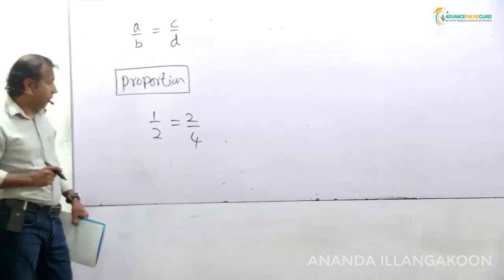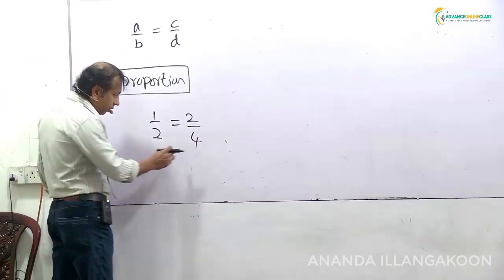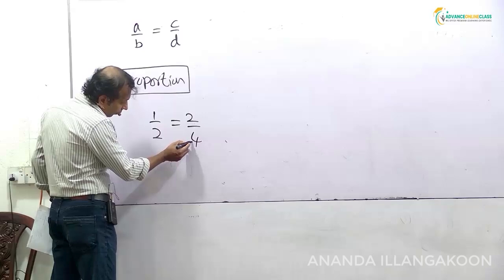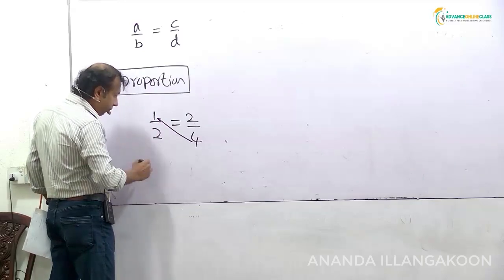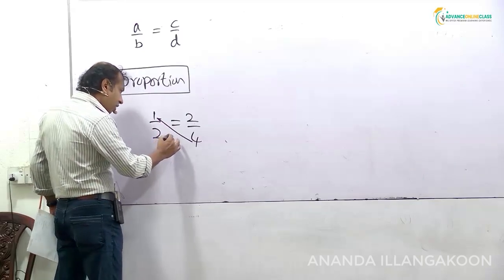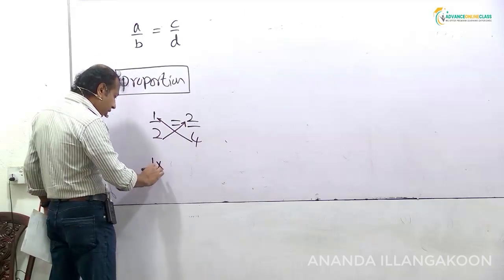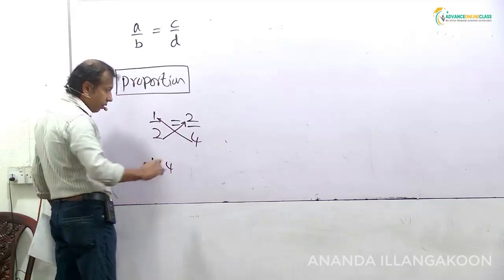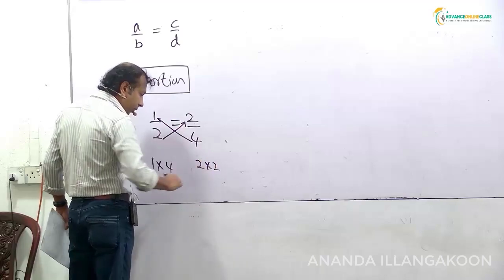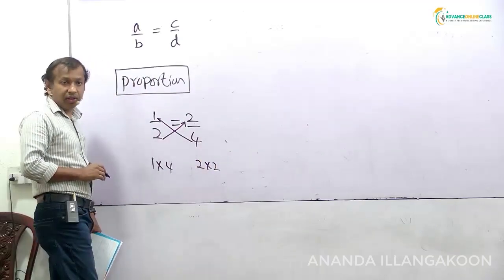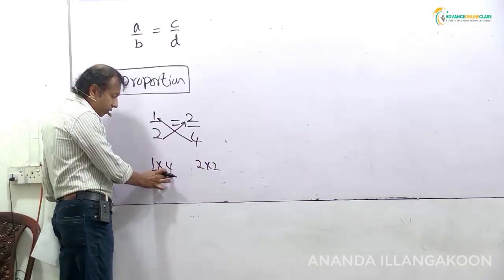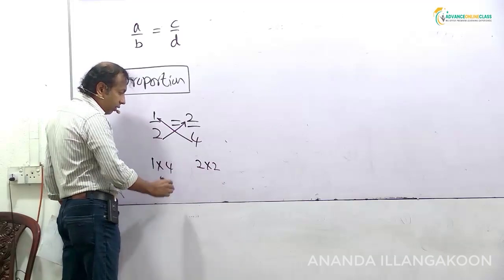In this case, once I multiply this 1 by 4 and this 2 by 2, 1 into 4 comes on the left hand side and 2 into 2 comes on the right hand side. You can very clearly notice that still the left hand side and the right hand side are equal.